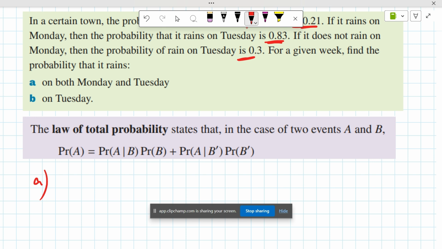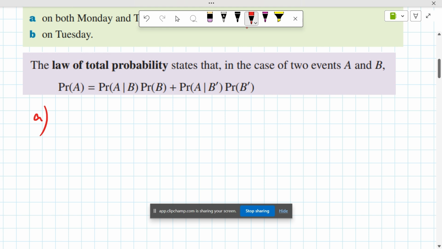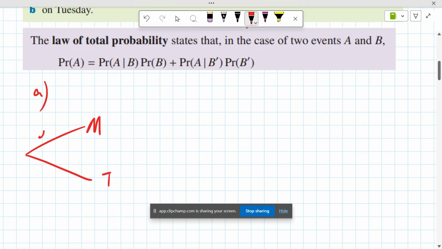create our tree diagram. So first, rain on Monday and Tuesday. If it rains on Monday, 0.21, and 0.79 otherwise. M represents rain on Monday, T represents rain on Tuesday. We can check that our probabilities add up to 1.